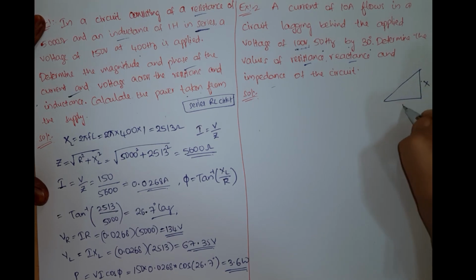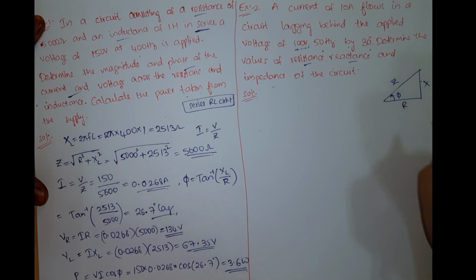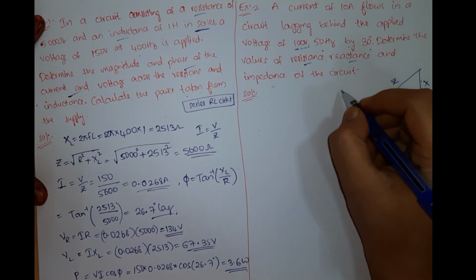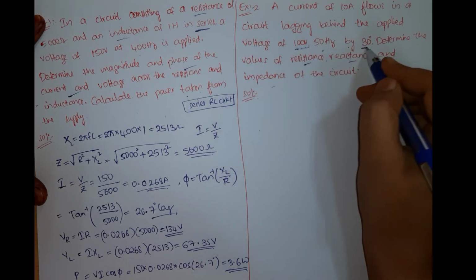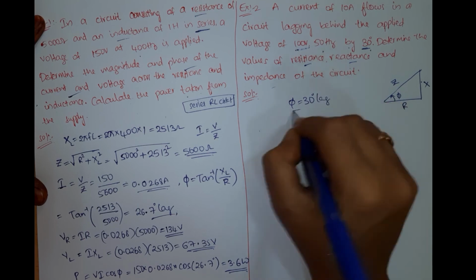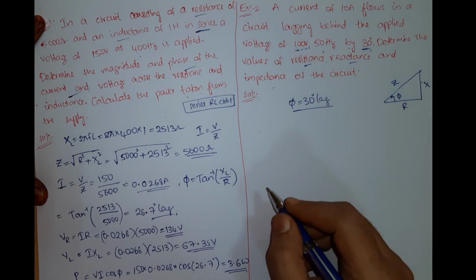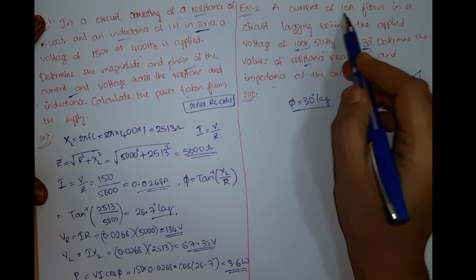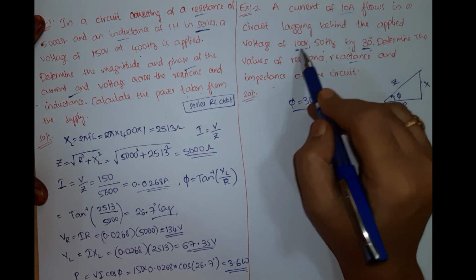So here we can make use of impedance triangle. It is given that the current lags by 30 degrees, so phi is equal to 30 degrees lag.